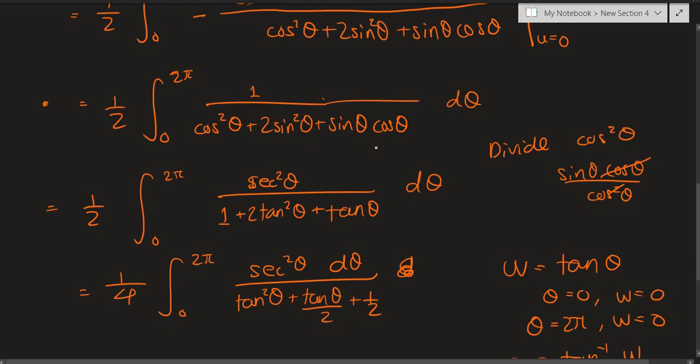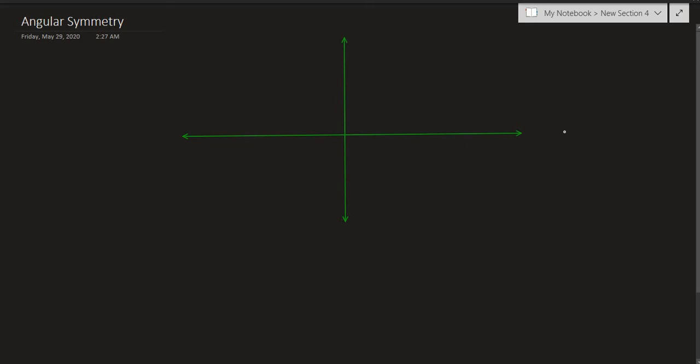So let's first analyze that. Let's forget the integral and analyze this on a fresh page. Let's first draw this angular space over here.